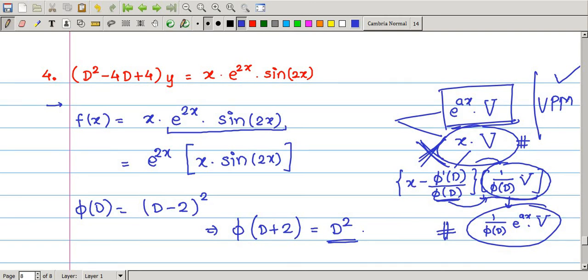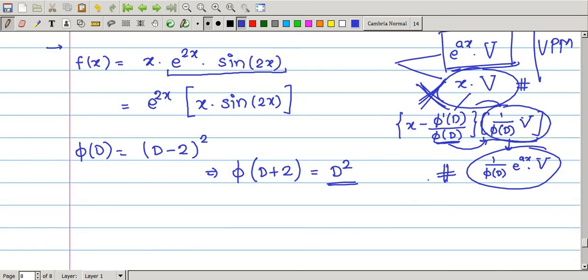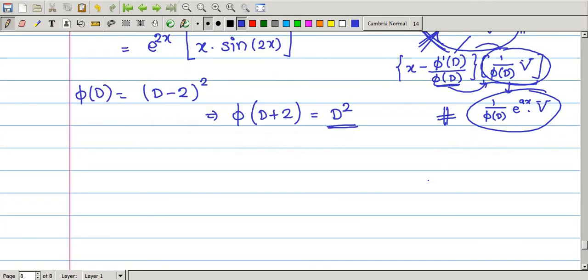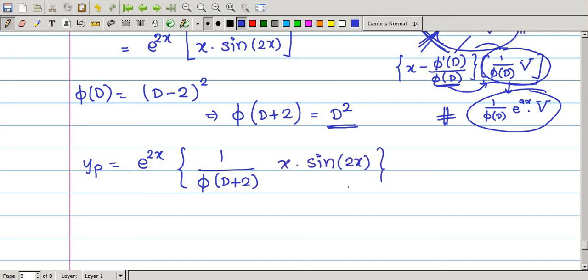And it is easier to simplify double integration of x into sine 2x. Therefore, your particular integral will be: we take the exponential function outside, replace D by D plus 2 and operate it on x into sine 2x.